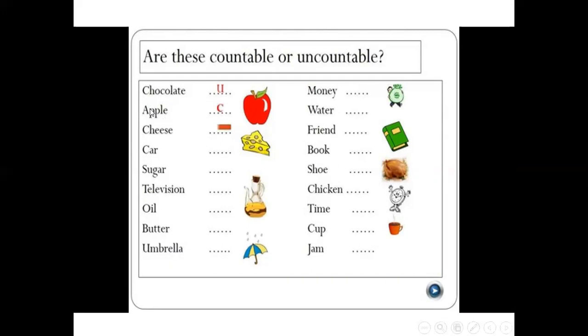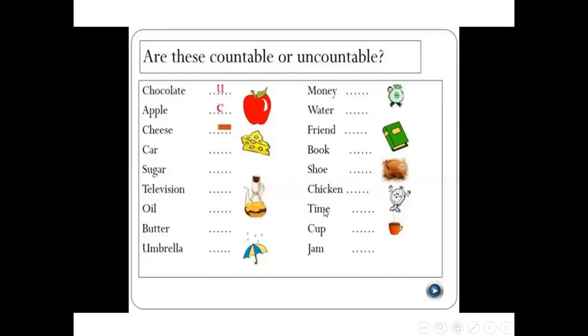So I would say a in front of apple, because apple is a countable noun. We come to another example, sugar. What do you think of sugar? Can you count sugar? Can we say sugars? No, it's an uncountable noun. So I put some in front of sugar, because sugar is an uncountable noun.